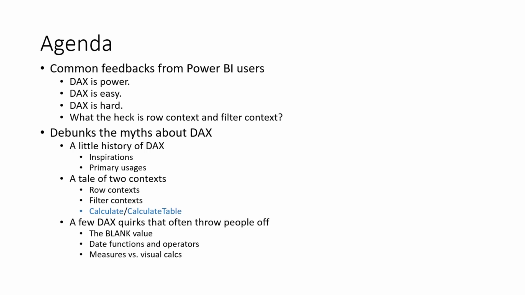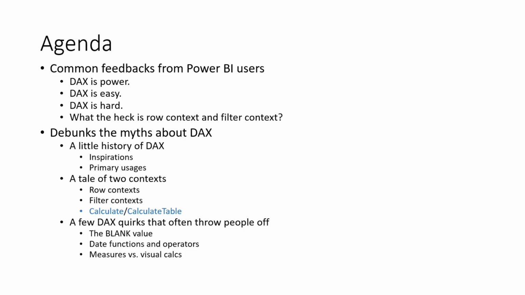Why is it so hard for some people? And is Microsoft doing another bait and switch trick on its users, to make it something seemingly easy just to trick you? Of course not. So we're going to debunk some of the myths of DAX to help those students of DAX answer some of the frequent questions they often encounter and that puzzle them.